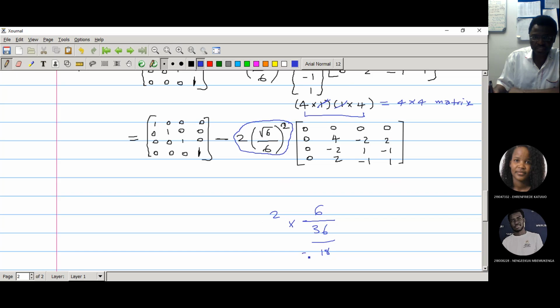Because this is 2 times 18. So if I simplify this, I cancel this one. So this will be 6 by 18, and that is 1 by 3. You agree with me? Because this is 3 times 6. So that will be 1/3. So all this is 1/3.